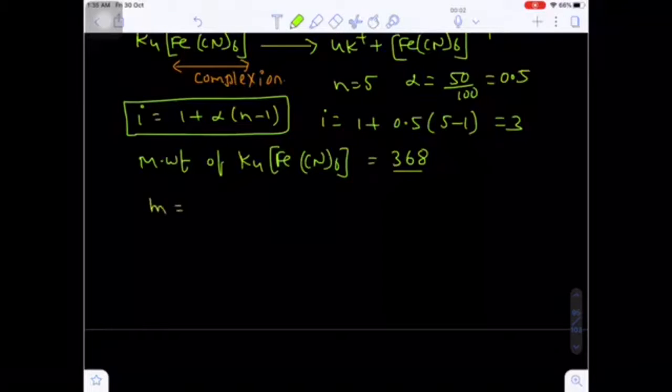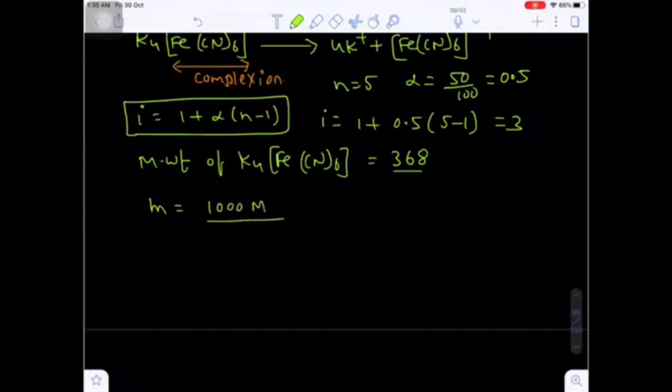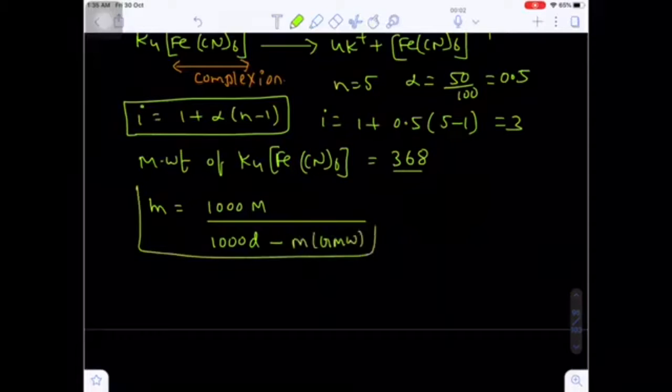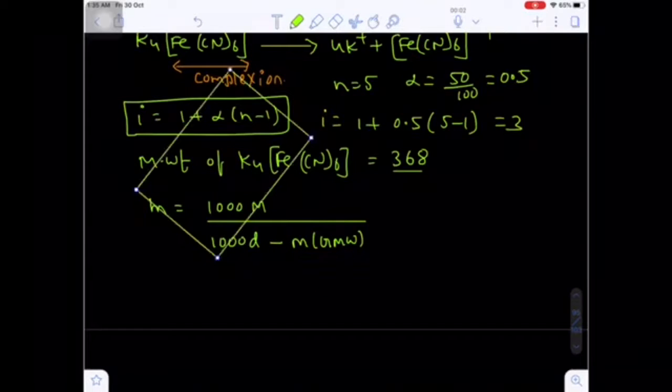How to calculate the molality from the molarity and the density of a solution? Molality is equal to 1000 multiplied by the molarity, whole divided by 1000 into density minus M into GMW. Yes or no? In concentration terms, molality, normality, molarity, we know this relation.